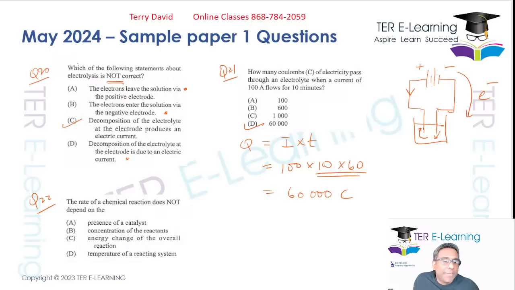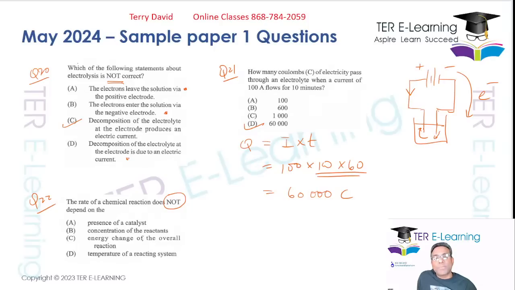Alright, so this is 22 here. Again, when it comes to these questions, underline or circle, you can write on the multiple choice paper if you need to. The rate of a chemical reaction does not depend on what?